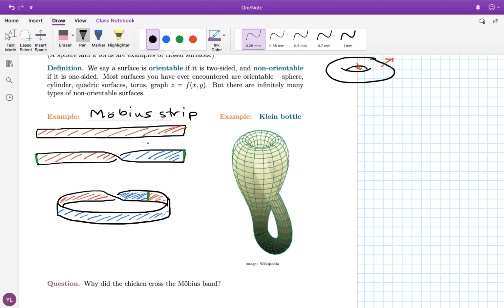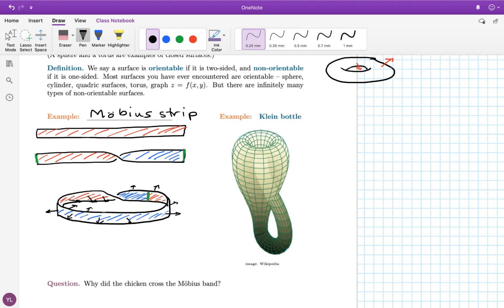And if you can imagine trying to come up with some consistent way of attaching normal vectors, you run into trouble. So if you're attaching normals that you want to point to the outside of the strip, then you're on the blue side to start, and you're attaching these normal vectors pointing outside. And then once you get to the flip here, your vectors start pointing to the inside, like this.